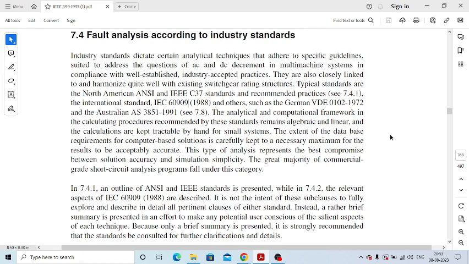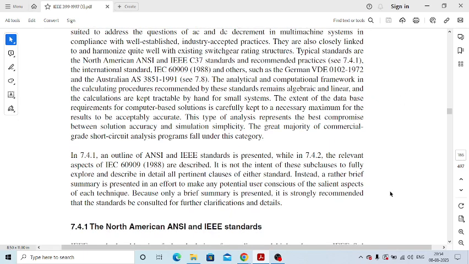So please note down this point, and try to learn about the importance of the C factor and how it is used in IEC standard 60909 for calculating the short circuit current.